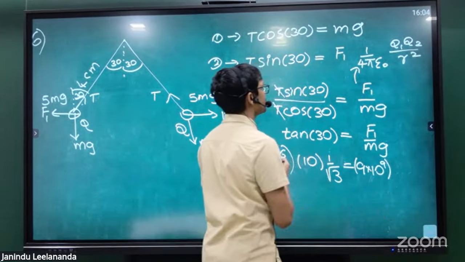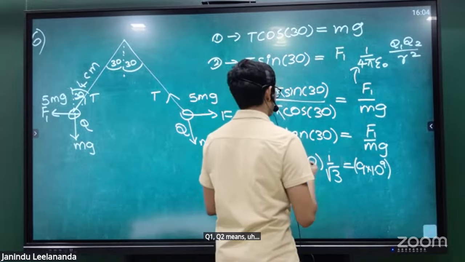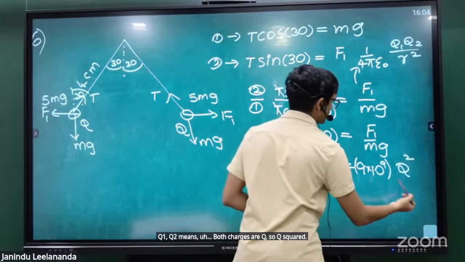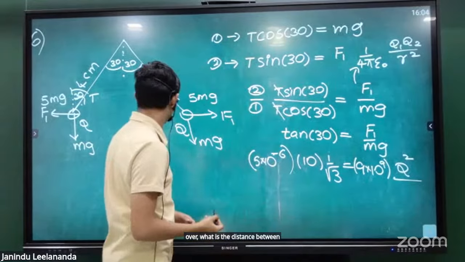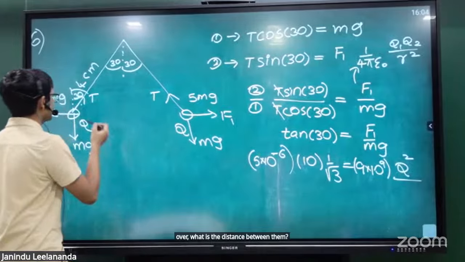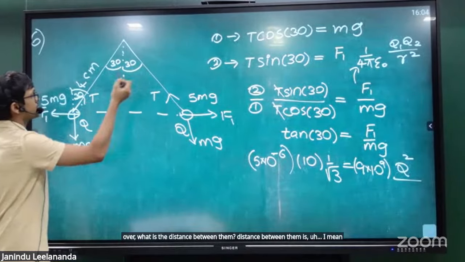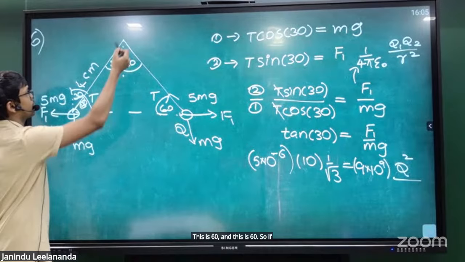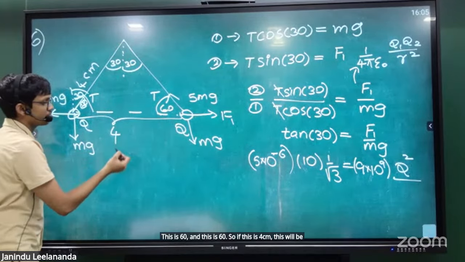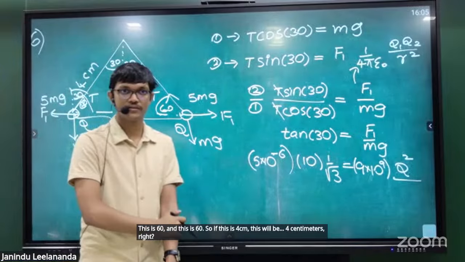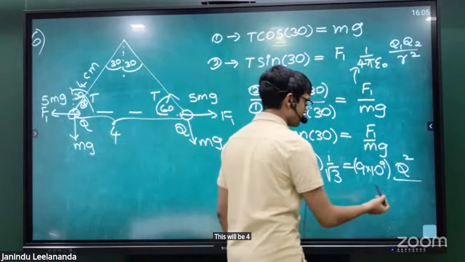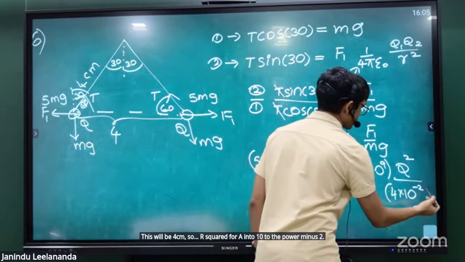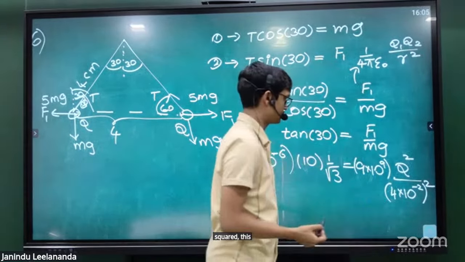Q1 Q2 means both charges are Q, so Q squared over, what is the distance between them? This is 60, this is 60 and this is 60. So if this is 4 centimeters, this will be 4 centimeters, right? So R squared is 4 into 10 to the power minus 2 squared. This is the answer. Clear?